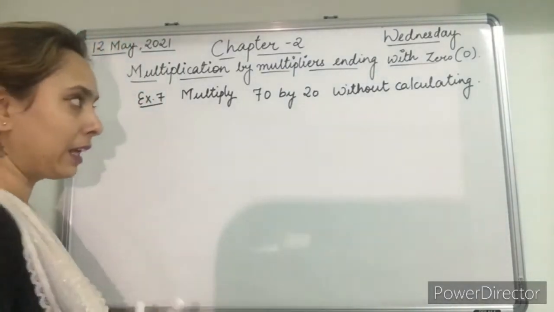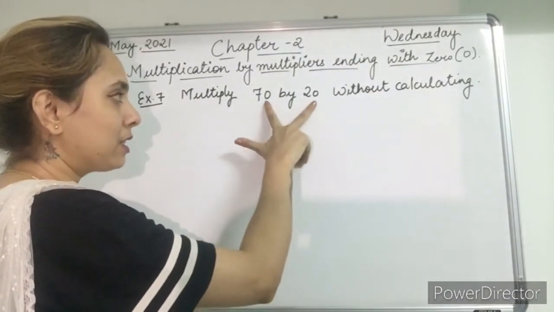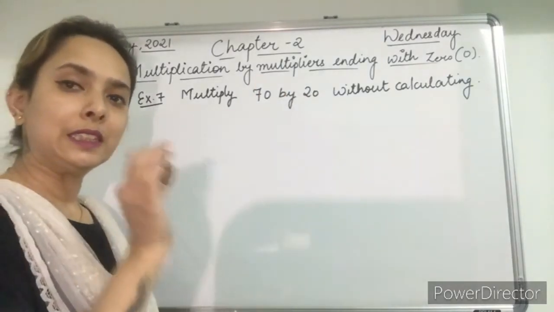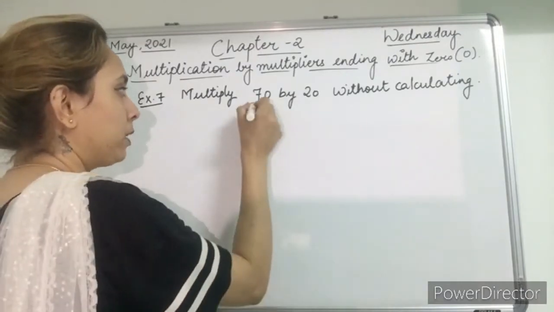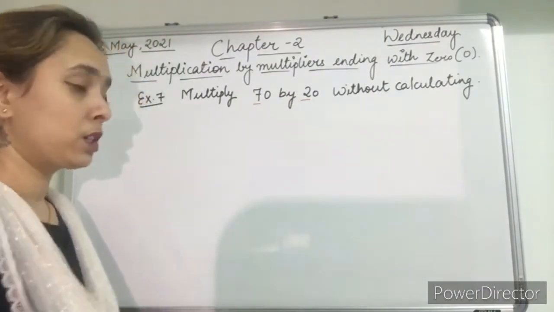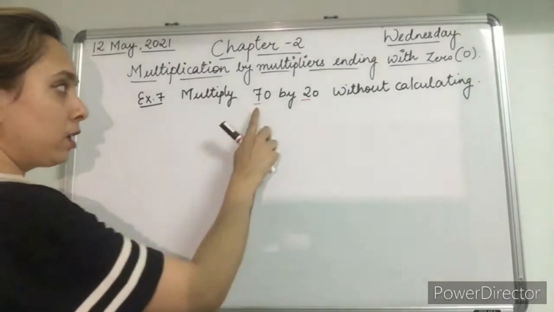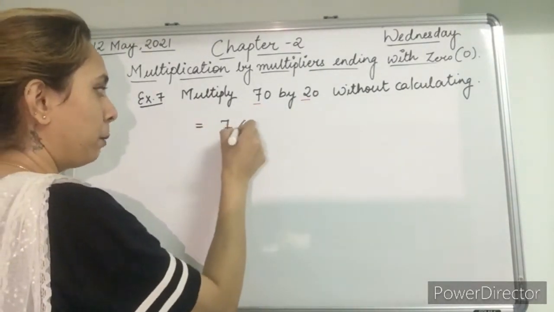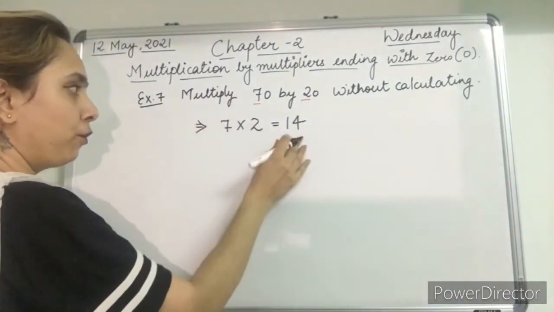First, you will always consider that there are zeros on both sides. Here we will apply the same method. First multiply the non-zero digits, here 7 and 2. So we write 7 multiplied by 2, and the answer will be 14.